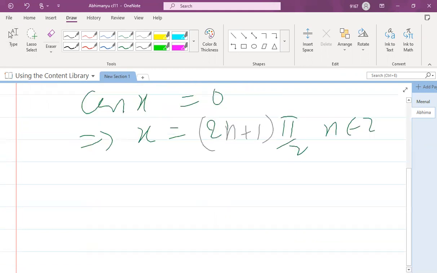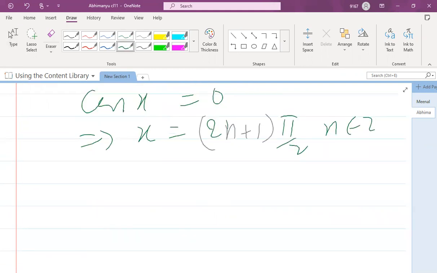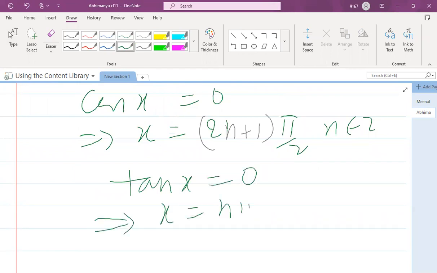And tan x equals 0, which implies x equals n pi and n belongs to Z. So these are the general solutions when sin x, cos x, and tan x equal 0.